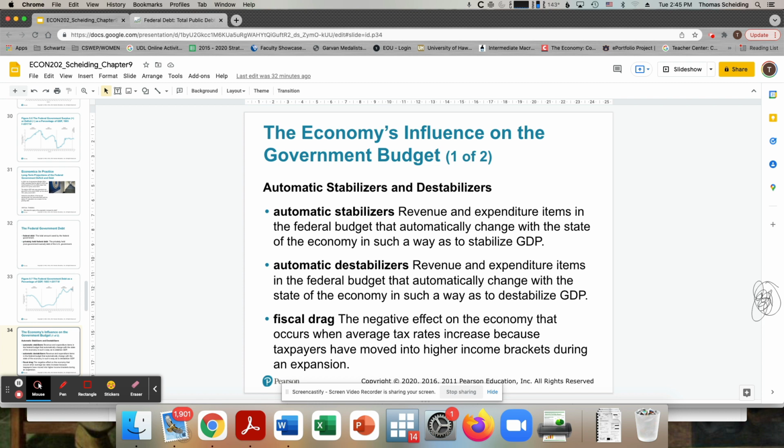The other side to this is that the economy can also be destabilized. One of the ways it can become destabilizing is if the government, when the economy is doing well, stimulates it further.